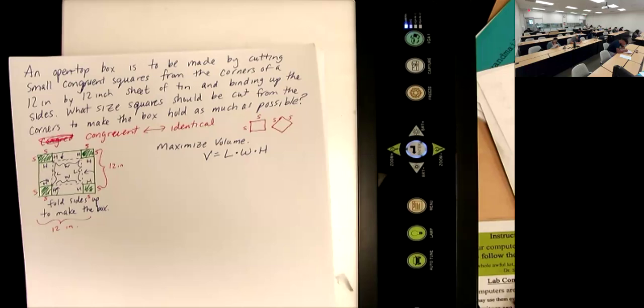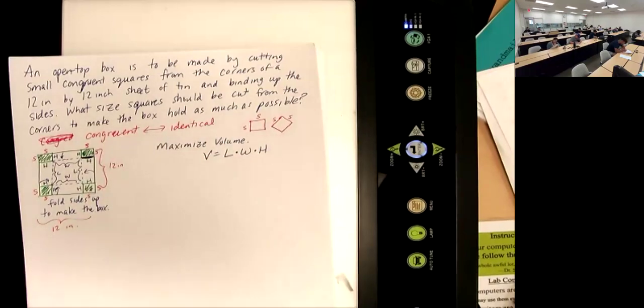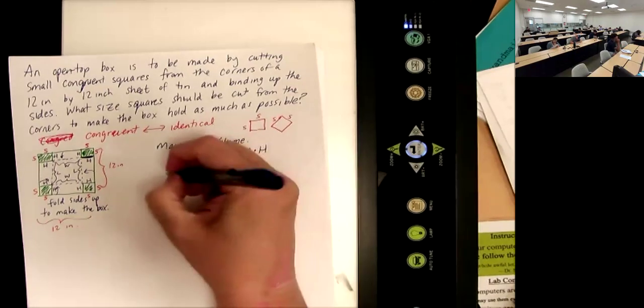For the height, are you referring to the top of those small squares? That distance right there, because when we fold it up, that's going to be the height of the box. So it looks like H equals S.